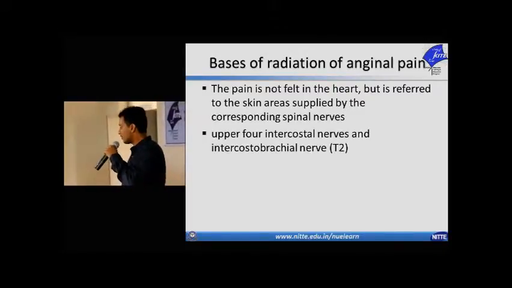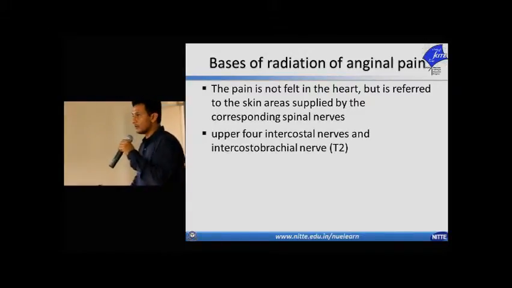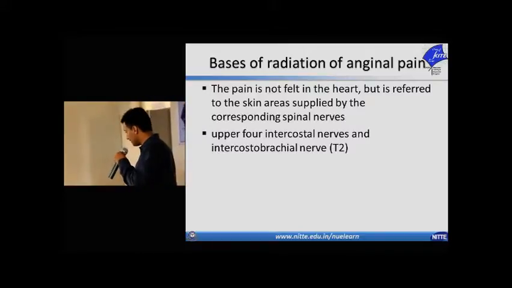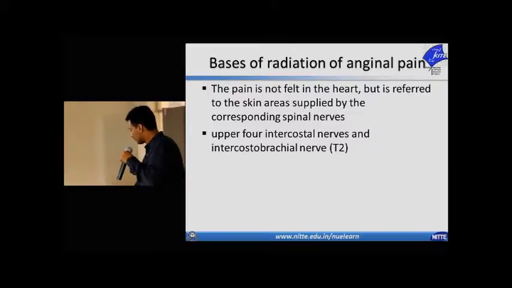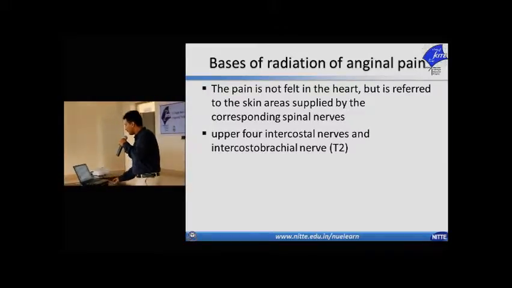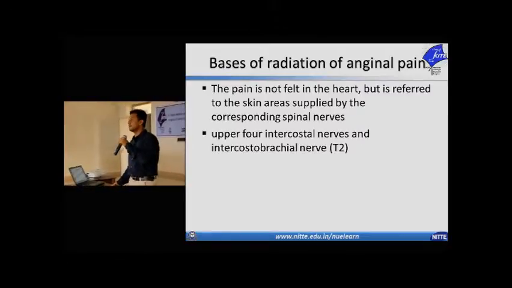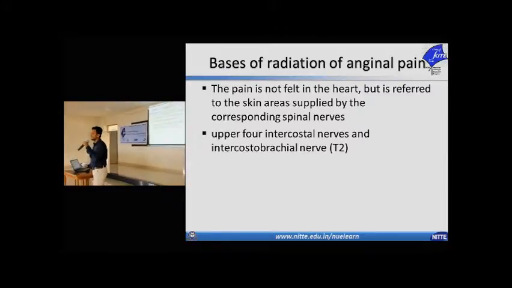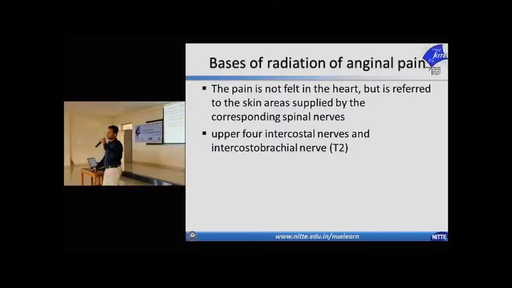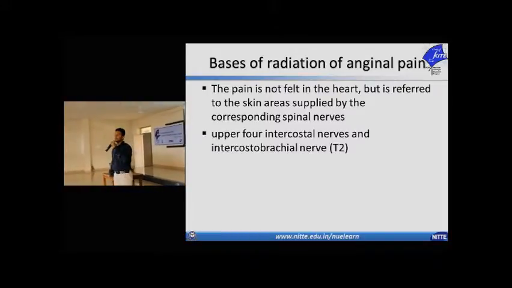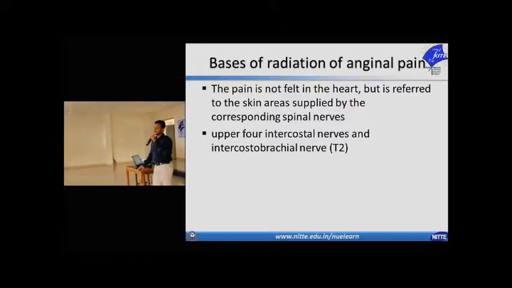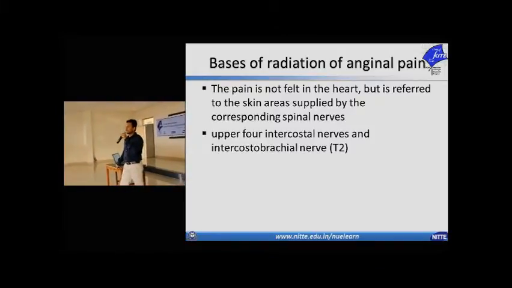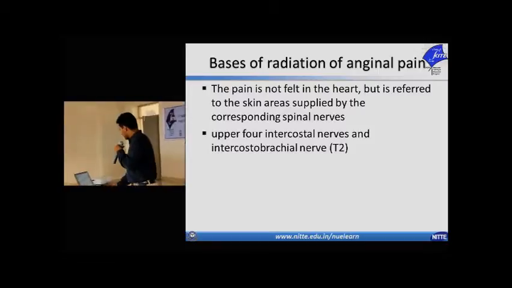The visceral pain is not felt in the heart, but it is referred to the skin area supplied by the corresponding spinal nerves. The upper four intercostal nerves and the intercostobrachial nerves carry the sensation from the chest and the medial side of the arm.